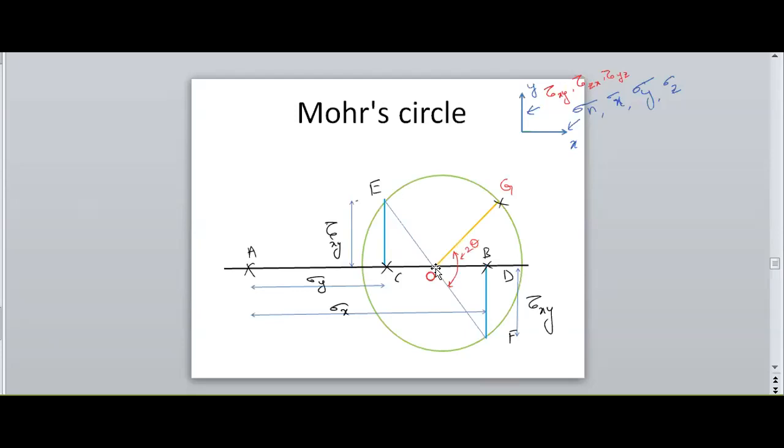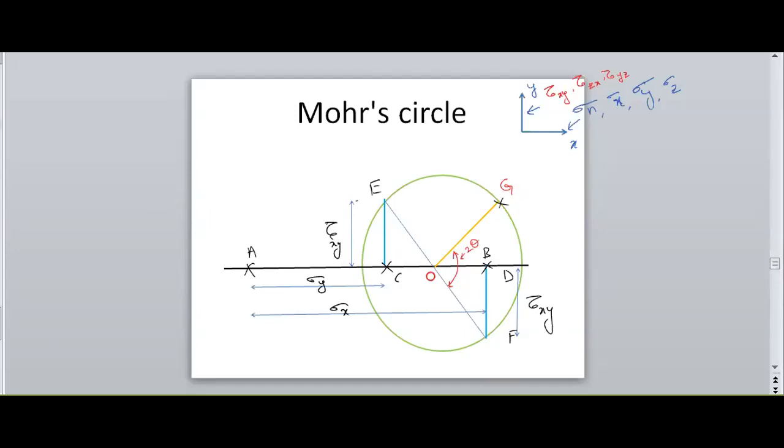At O, making an angle 2 theta from OF, draw a ray which cuts the circle at G.